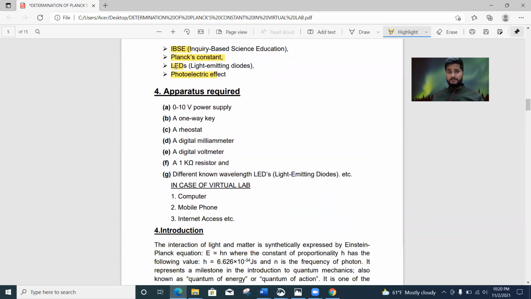Likewise, the next content is apparatus required. To do this practical physically inside the lab, we need a 0 to 10 volt power supply, maybe a battery or other device, a one-way key, a rheostat, a digital multimeter, a digital voltmeter, a 1 kilo ohm resistor, and different known-wavelength LED bulbs or diodes.